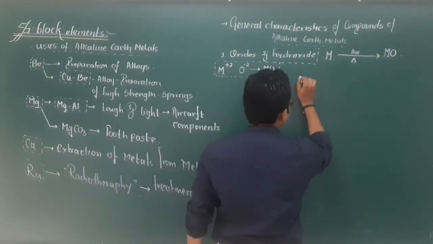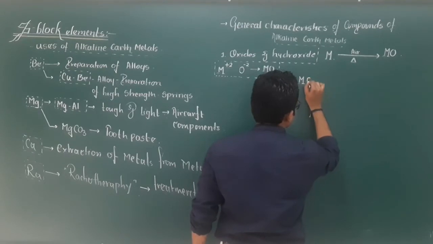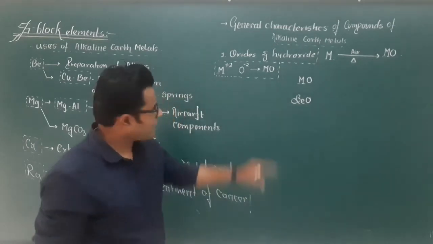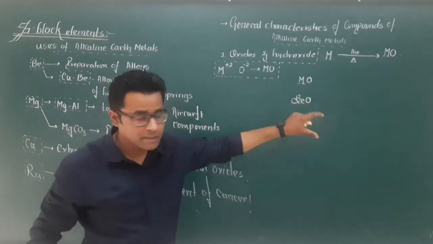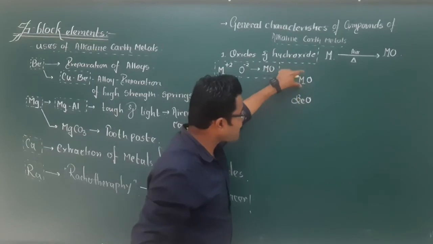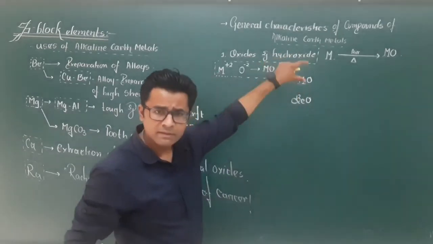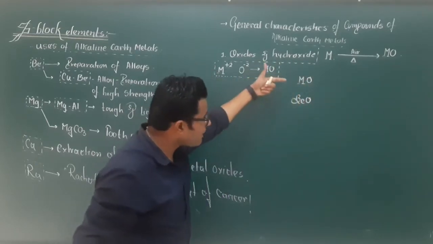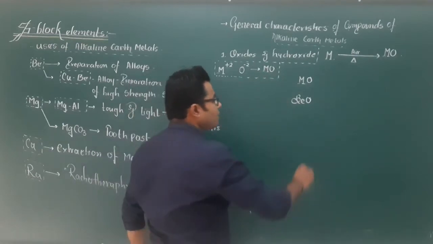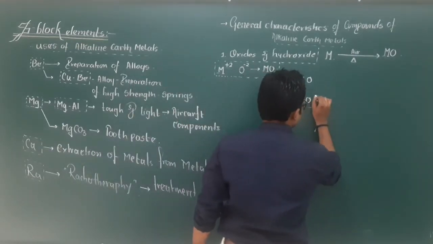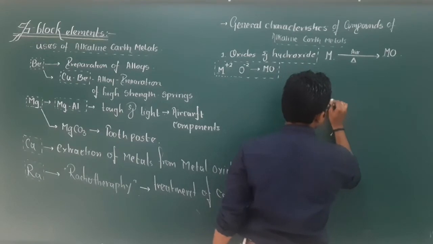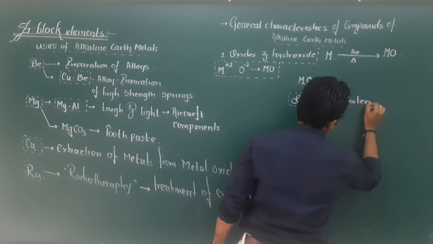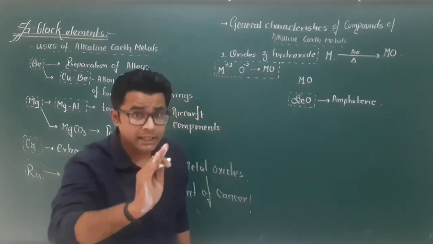However, when we compare this metal oxide with beryllium oxide, okay, we can obtain the beryllium oxide by other processes, and when we have this beryllium oxide and other elements of alkaline earth metals in combination with oxygen in order to form oxides, when we compare these two, okay, what we see is beryllium oxide is amphoteric in nature.